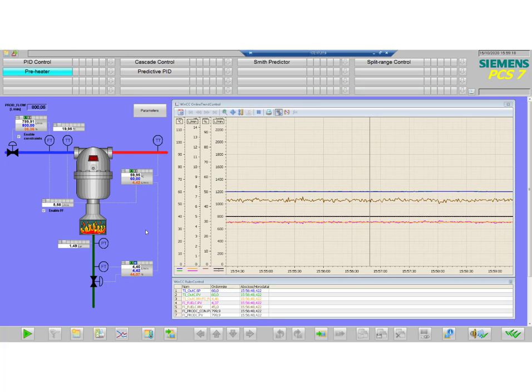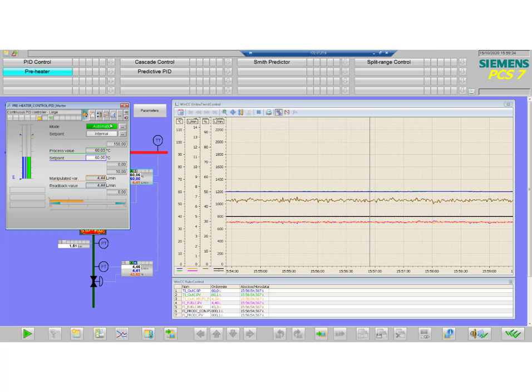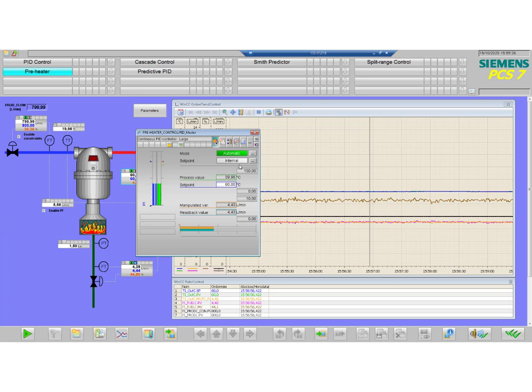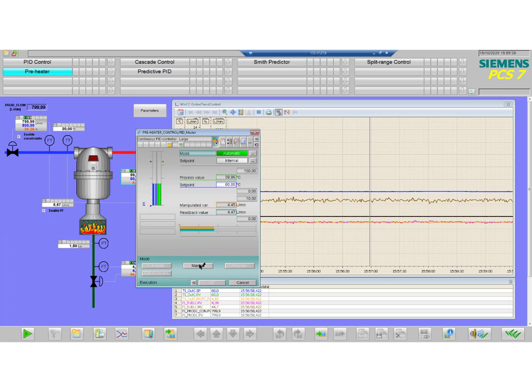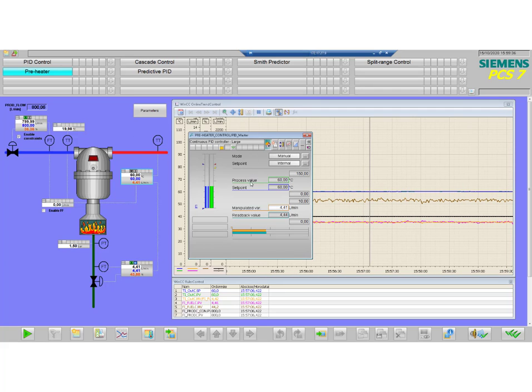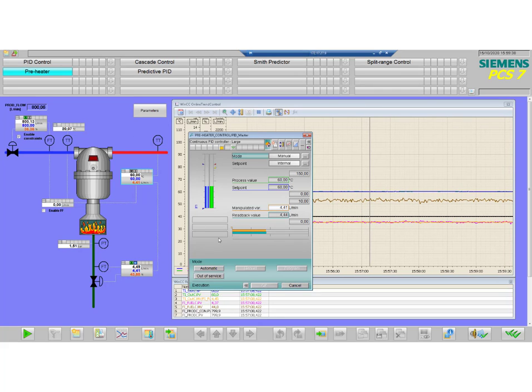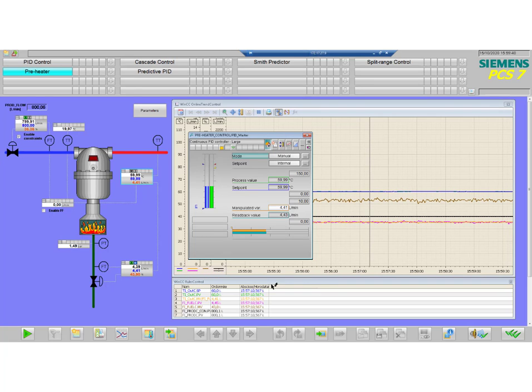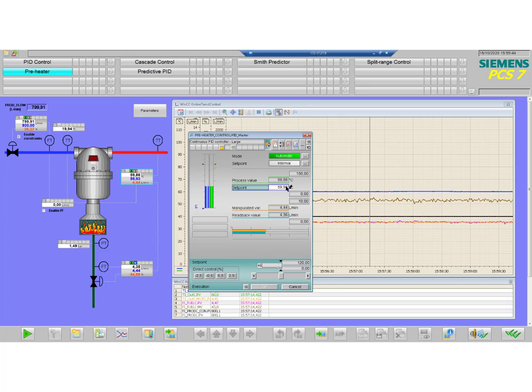Well, you can now do the same test, but with a disabling of the feed forward. To do this, we'll first put this temperature controller in manual mode, then switch off the feed forward, right? And now we can go to automatic mode, put this one on exactly 60 again.